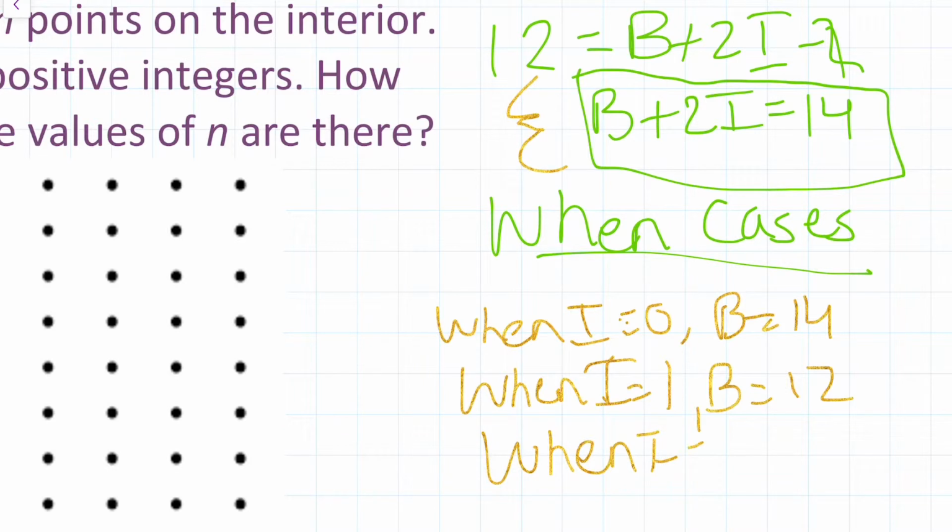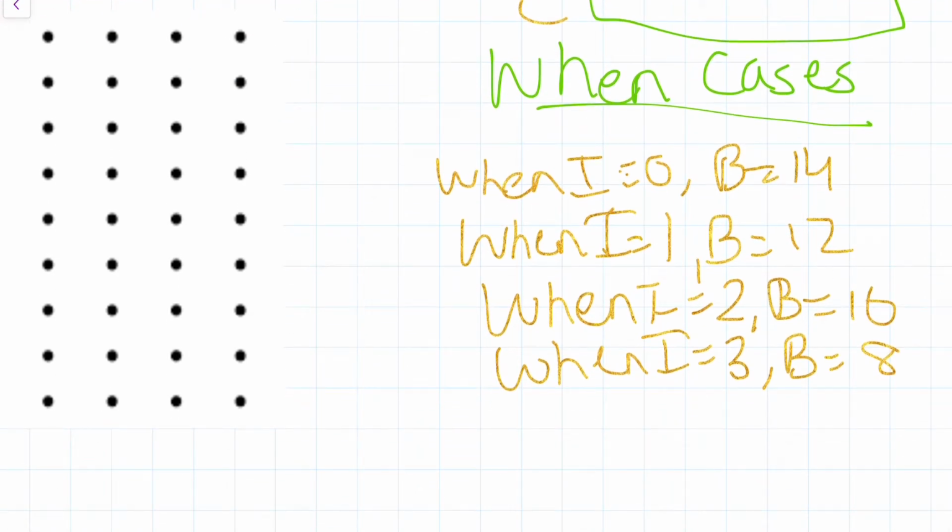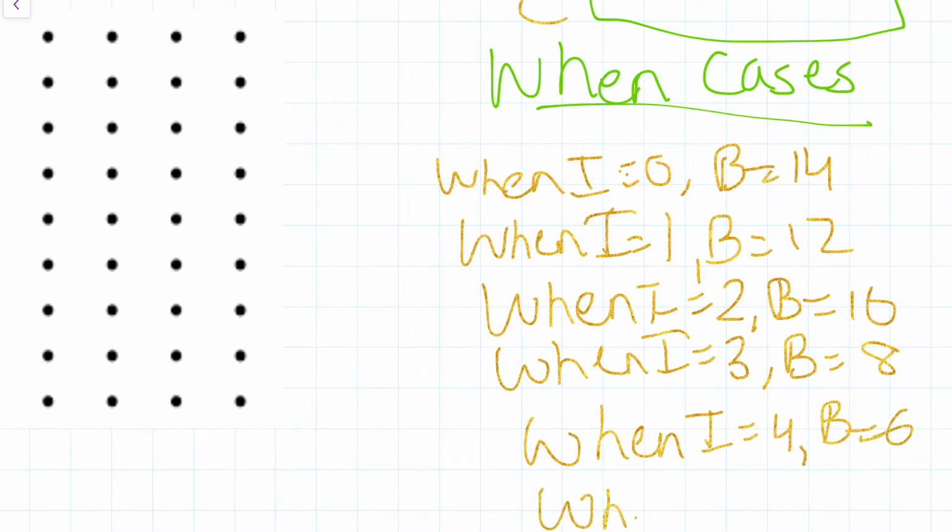But when I equals 2, B equals 10. When I equals 3, B equals 8. When I equals 4, B equals 6.